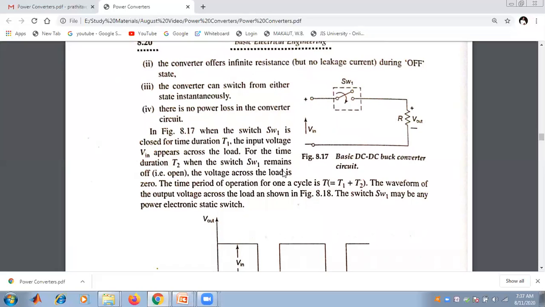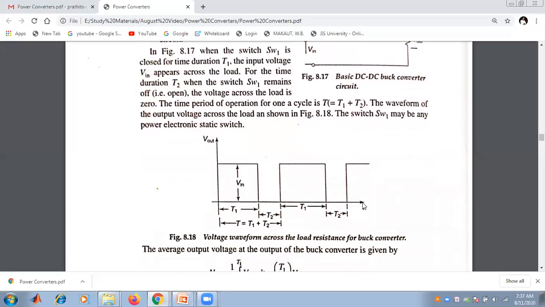So, what is the total time period? The total time period for one cycle, T, is equal to T on plus T off, that is T is the summation of T1 plus T2. So this is the voltage waveform across the load resistance for the buck converter.